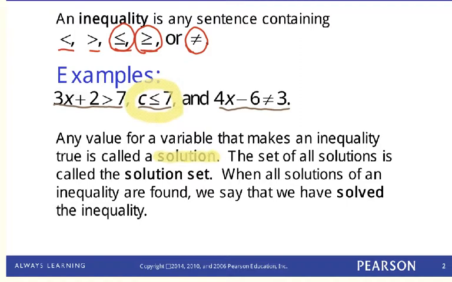And the set of all of those solutions is called the solution set. So those are two words that should be added to your vocabulary list or your vocabulary note cards. To solve an inequality, you have to find all of the values that make the inequality true.